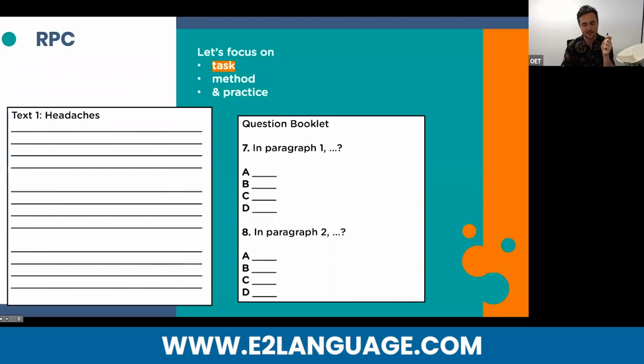Okay, let's now look at reading part C. So reading part C, what's going to happen is you're going to receive a text that'll be long. It's going to have about 7 or 8 paragraphs, okay?